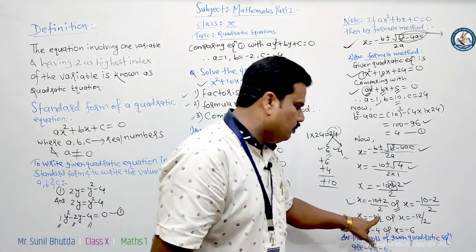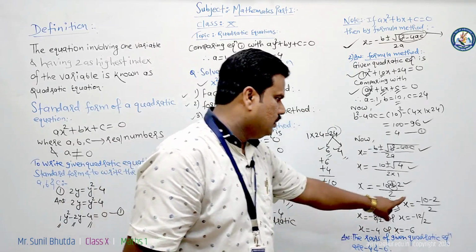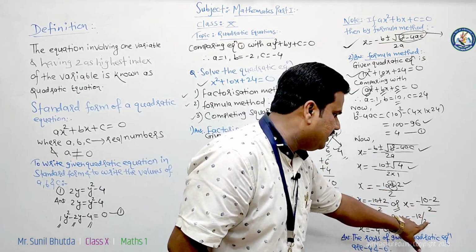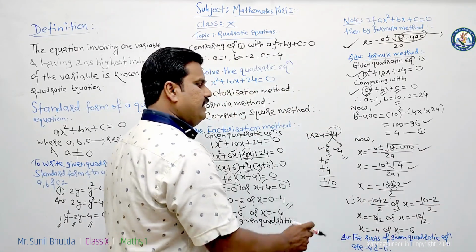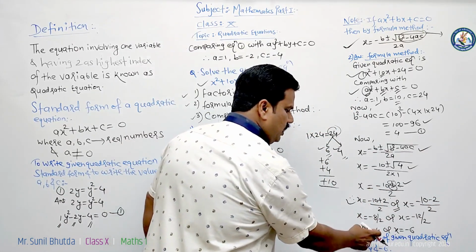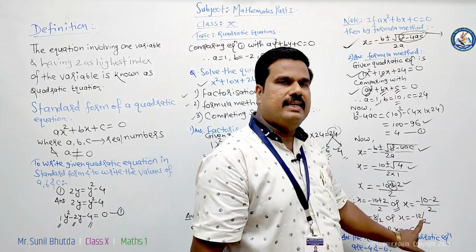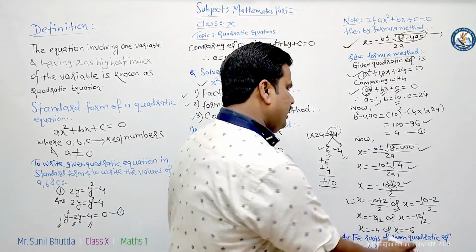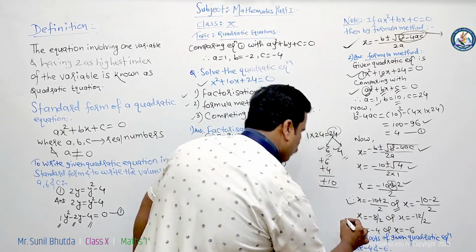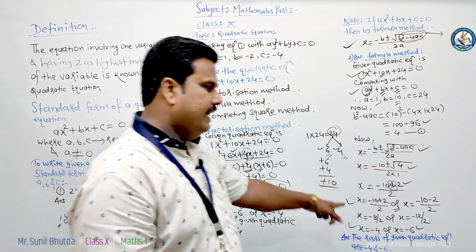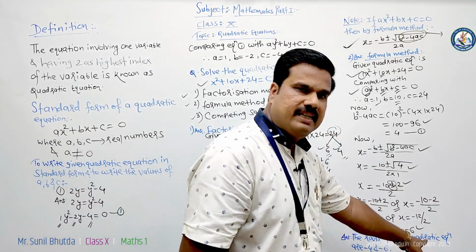Minus 10 plus 2 will give minus 8 upon 2, and minus 10 minus 2 will give minus 12 upon 2. On dividing minus 8 by 2, we will get x equal to minus 4. On dividing minus 12 by 2, we will get minus 6. Therefore, the roots of the given quadratic equation are minus 4 and minus 6.